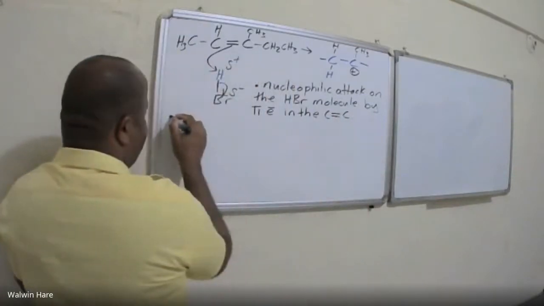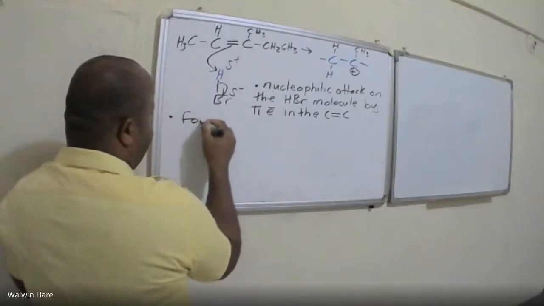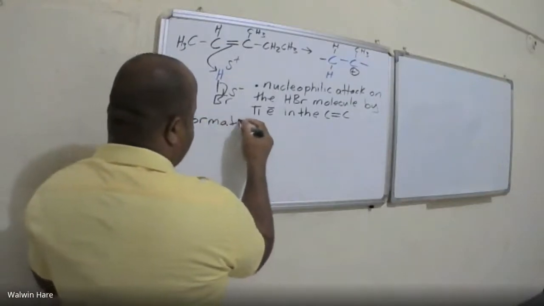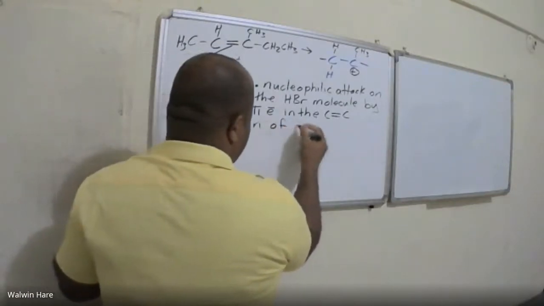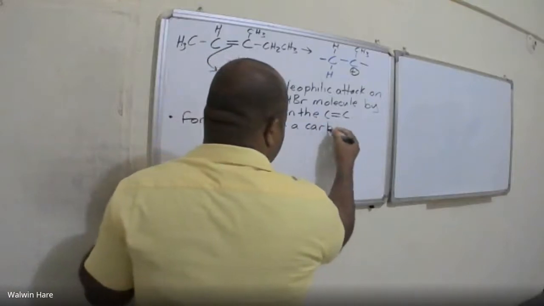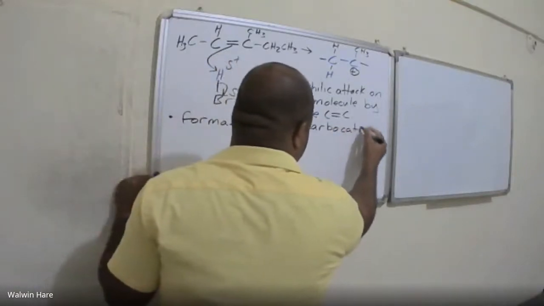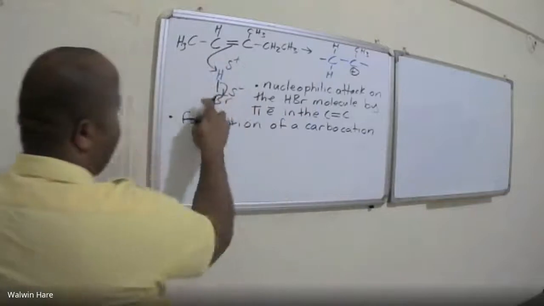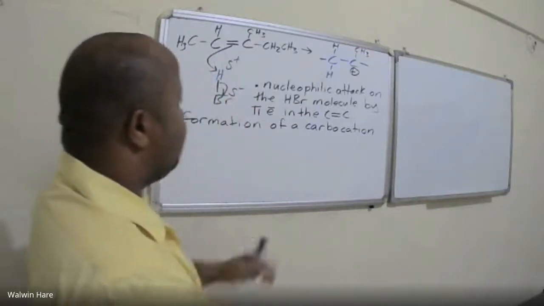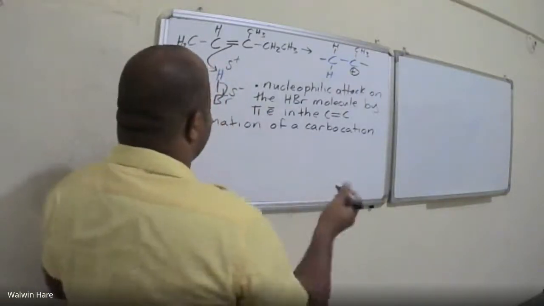And the next thing we have occurring is formation of a carbocation. So it's a nucleophilic attack that leads to the formation of the carbocation.